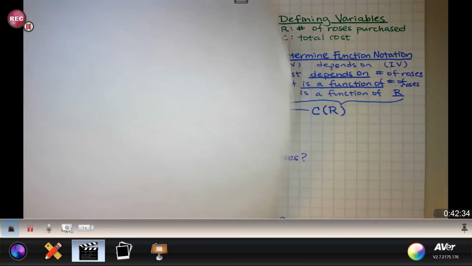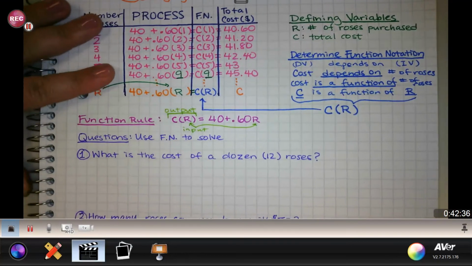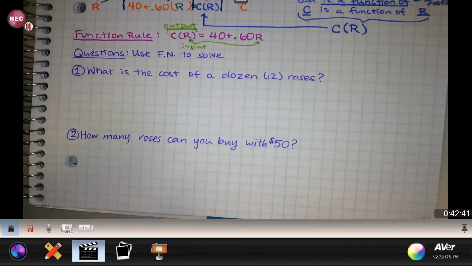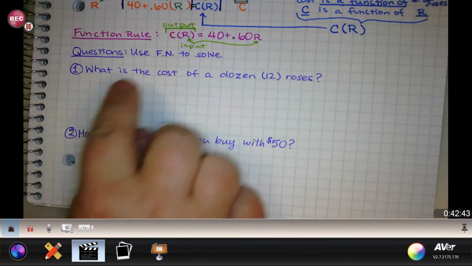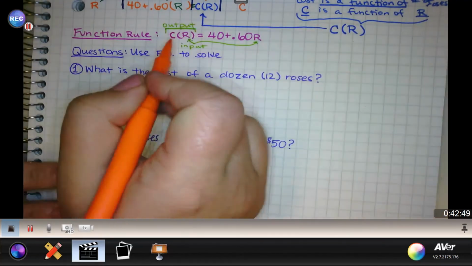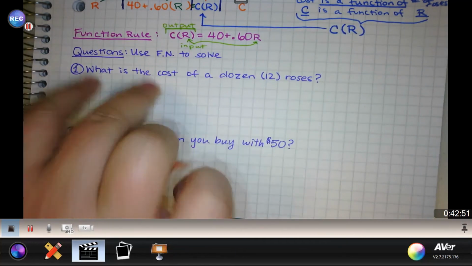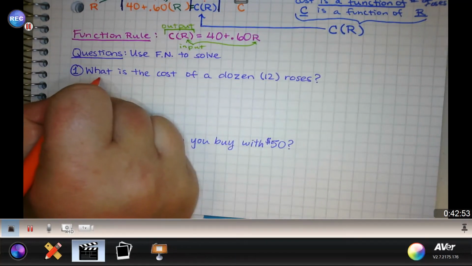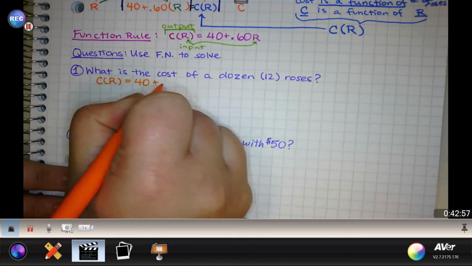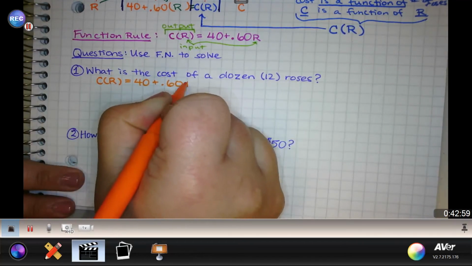Okay? So it says questions use FN, which is function notation, to solve. So that means that you're going to want to use this. Whenever that happens, I personally am not even going to read the thing yet. I'm just literally going to copy this into the space. So I have C of R is equal to 40 plus 0.60R.